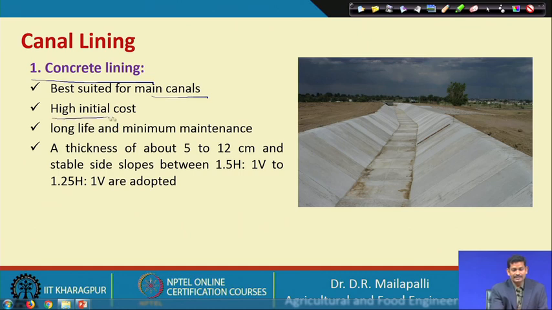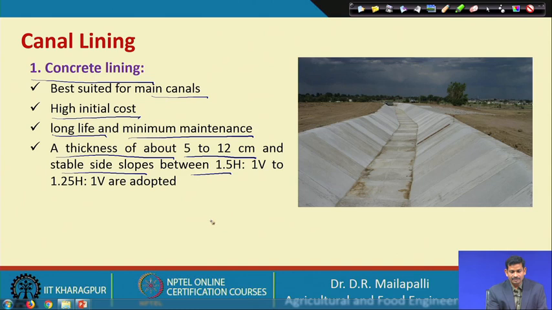and also the high initial cost, because you are investing more on cementing or concreting the lined canals, and it has a long life and minimum maintenance. The thickness is about 5 to 12 centimeter and side slopes between 1.5 horizontal and 1 vertical.